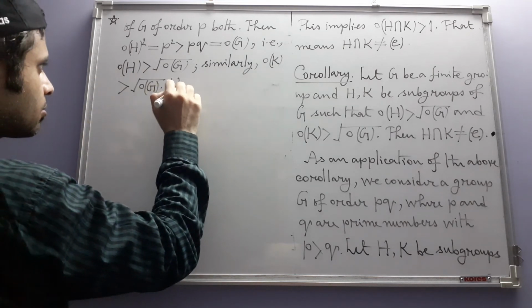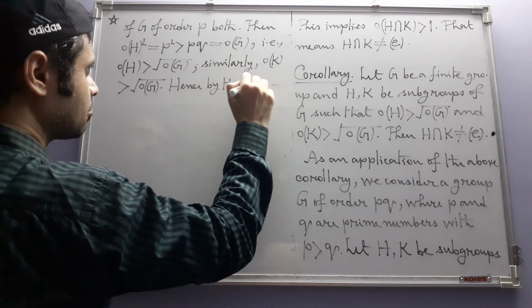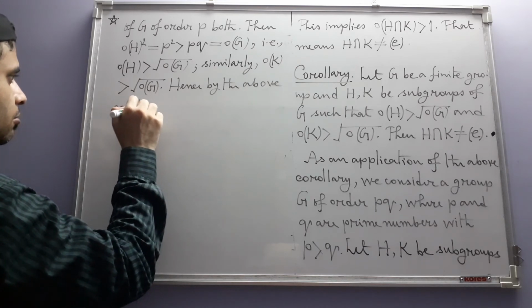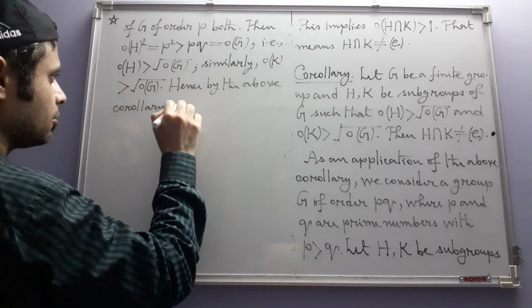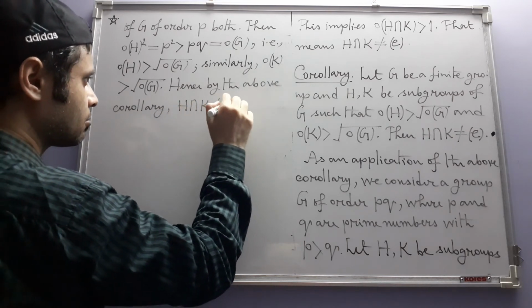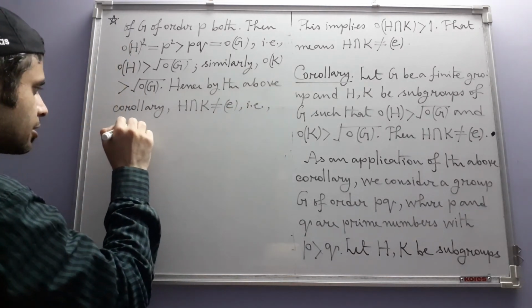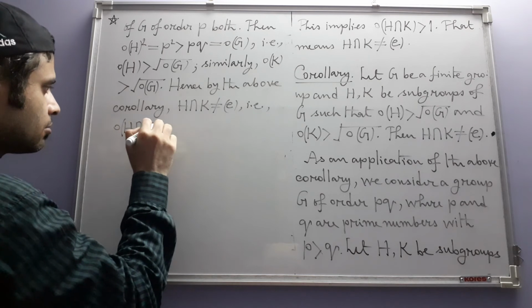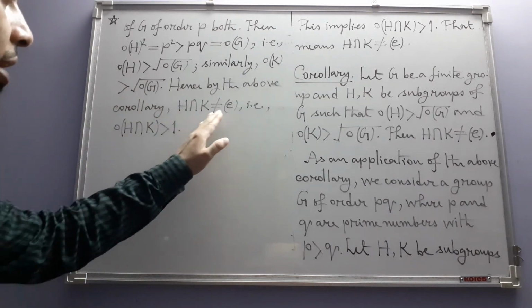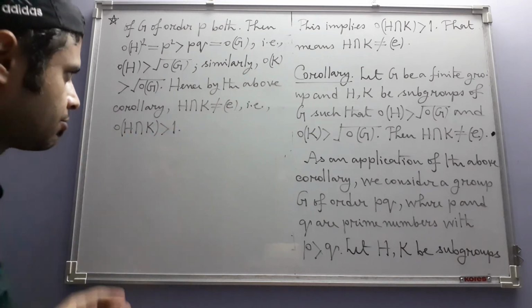Hence, by the above corollary, H and K intersect non-trivially, that is, order of H intersection K is greater than 1. It has to have at least one non-identity element, so that's why it is greater than 1.